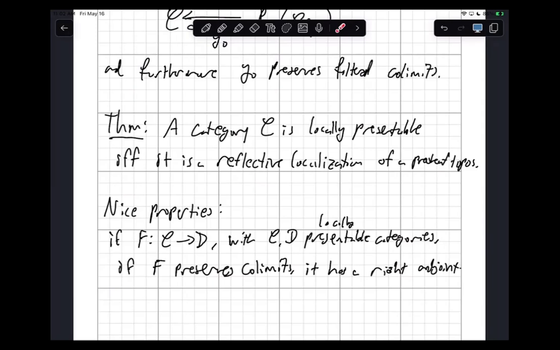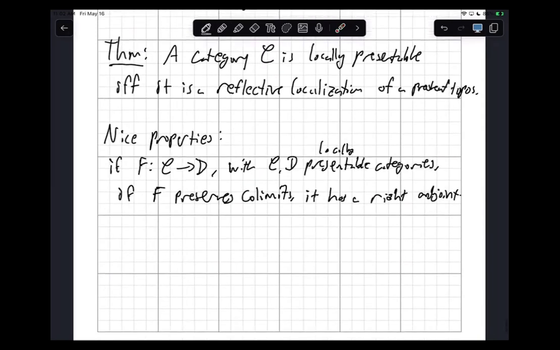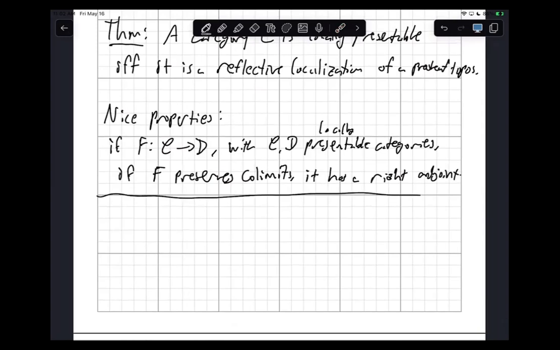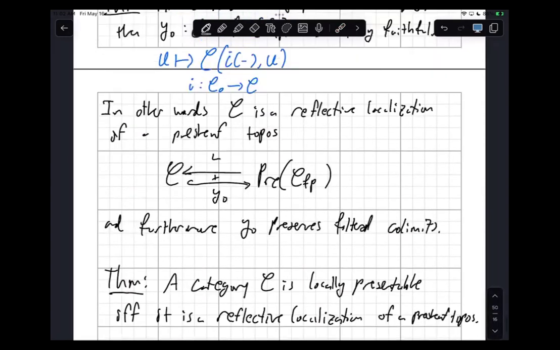Now, a presentable category is a localization of a pre-sheaf category. So we always know that a left adjoint preserves colimits, but this is the kind of inverse. Exactly, right?